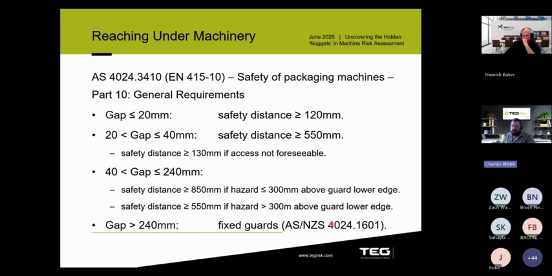So those are the two boundaries, which I'm not too fussed about, but the point of interest here is gaps that are between 20 and 40, and gaps that are between 40 and 240. And sure enough, your safety distance is now 550 millimeters. So for that scenario that we had before, you can apply 3410 and there's no problem with that machine.